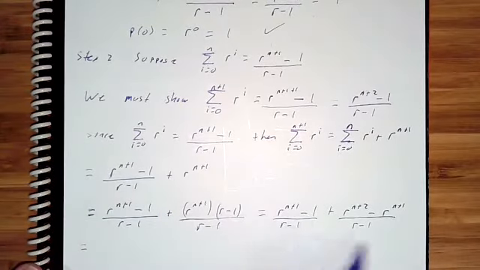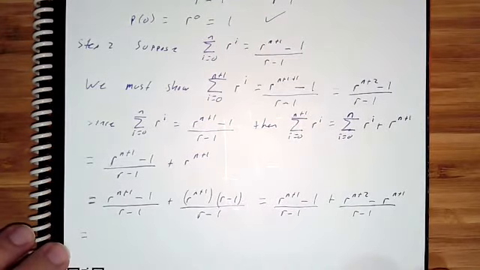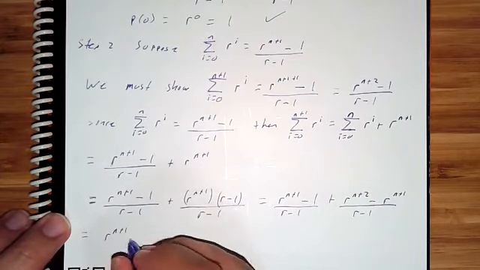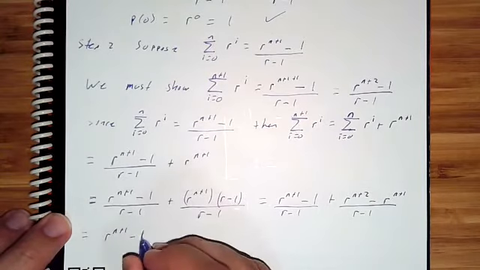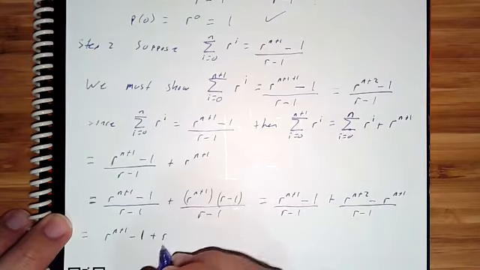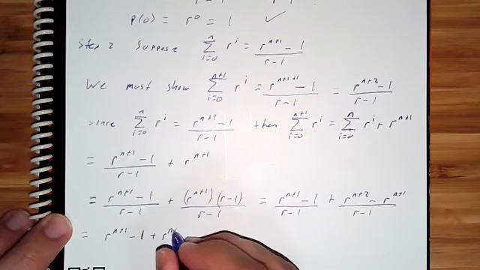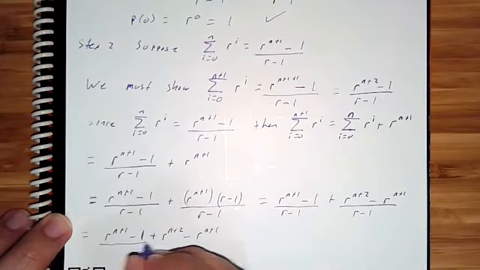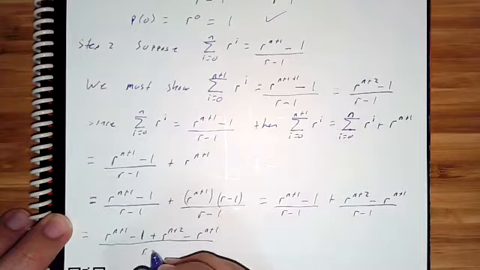Okay, so now combine them into one fraction. So that will be R to the n plus 1 minus 1 plus R to the n plus 2 minus R to the n plus 1. And notice how those are going to cancel, right?